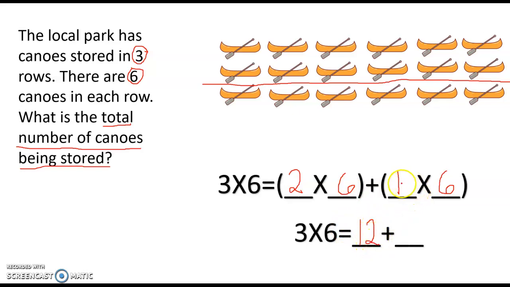And I know anything multiplied by 1 stays the same. So 1 times 6 is 6. So 12 plus 6 is 18, meaning 3 times 6 is 18.